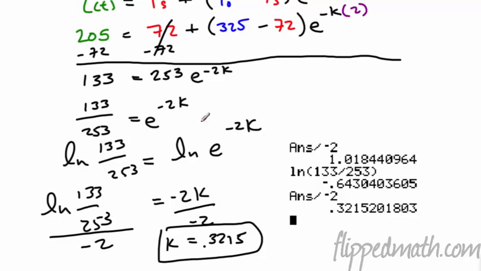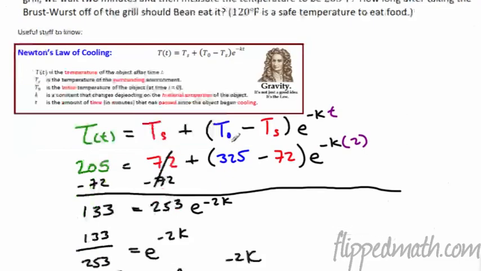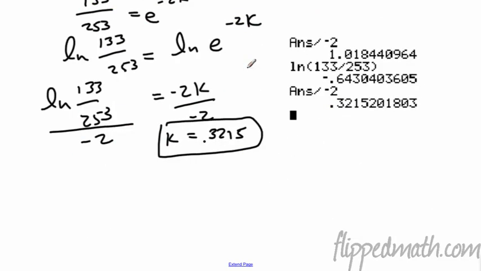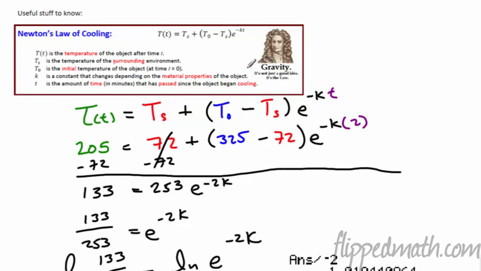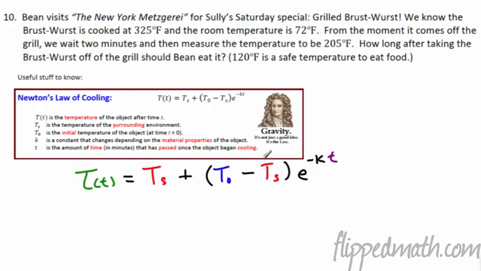All right, we're not done yet, though, because we want to know after how long, so finding a value of K doesn't really answer our question: after how long should Bean eat the Brustwurst, assuming that 120 degrees is the safe temperature. So we need to go through this whole process again. I'm going to delete all this stuff here. I am going to leave the original equation, though. And so what do we know right here?